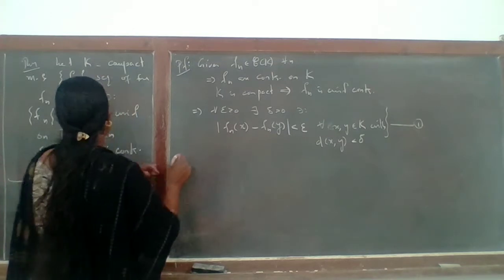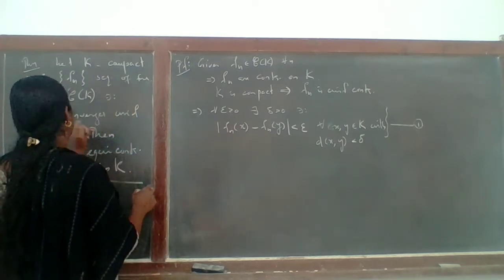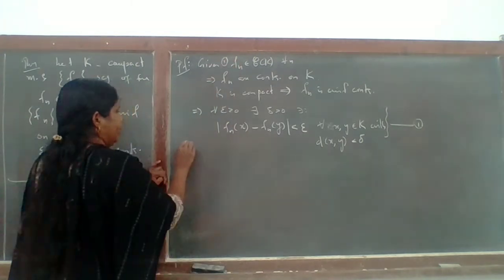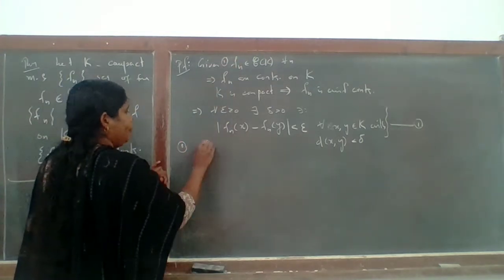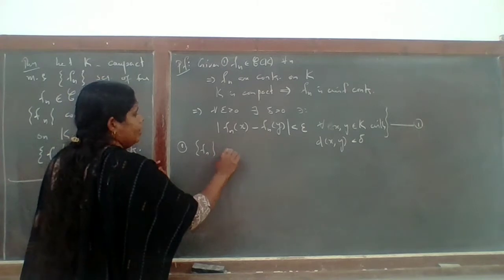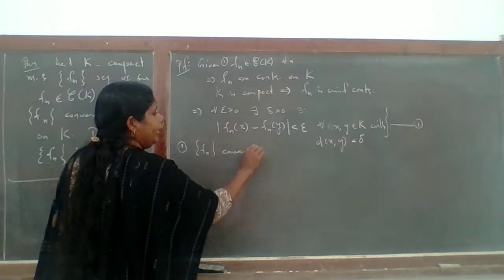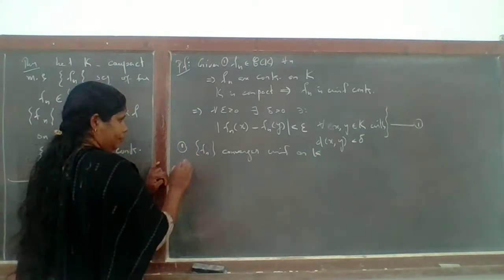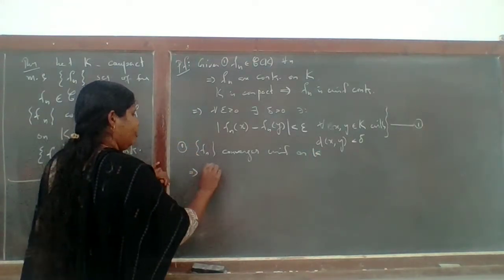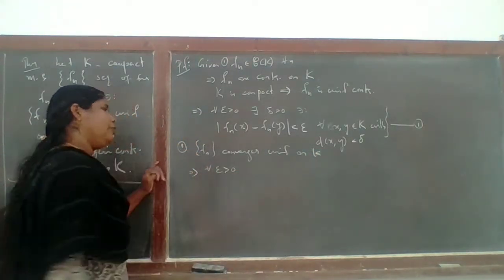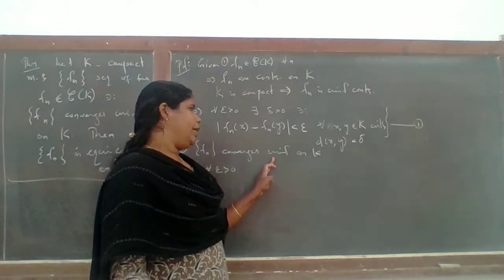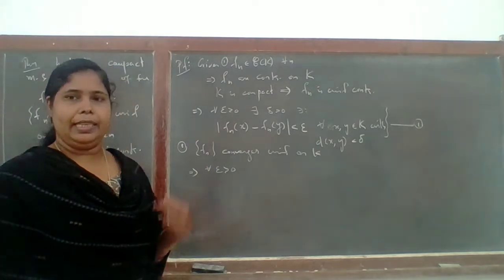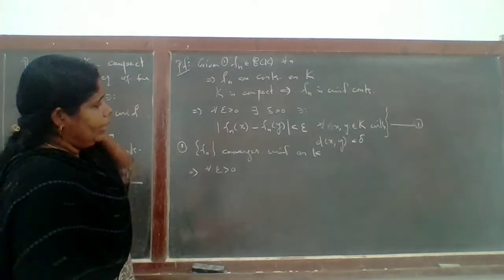Now what is the second fact given? Fn converges uniformly on K. From this, for every epsilon, we can use the definition of uniform convergence, or the equivalent Cauchy criterion.